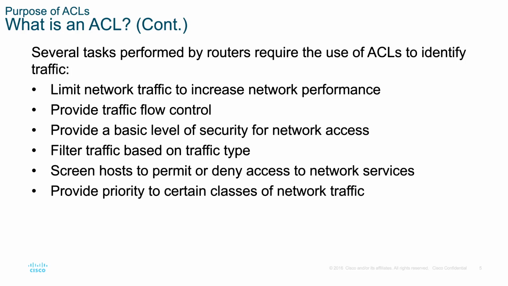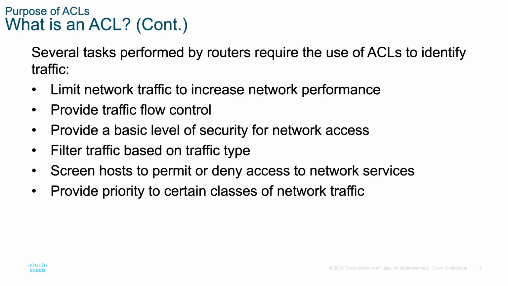So why do we want to use them? Well, we can limit traffic, which will increase network performance, especially over slower links. We can also provide flow control. We can provide security for network access. We can filter traffic based on traffic types.